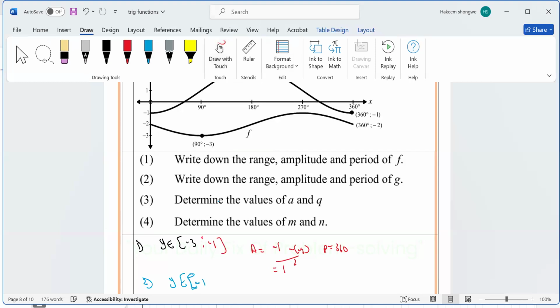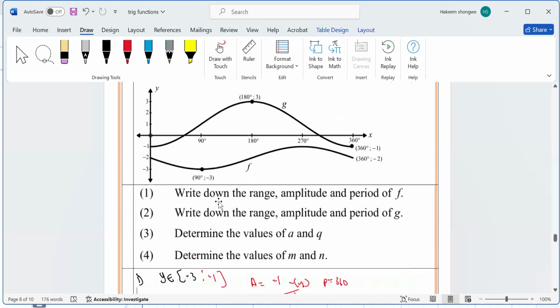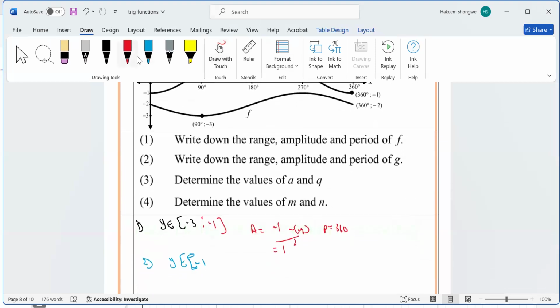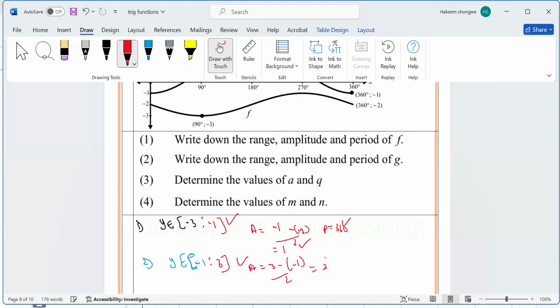What is the biggest value that you have here? It's +3. And then what is going to be our amplitude? Our amplitude is this one subtract this one, 3 minus -1, divided by 2, which is going to be 2. We get 1 mark here.